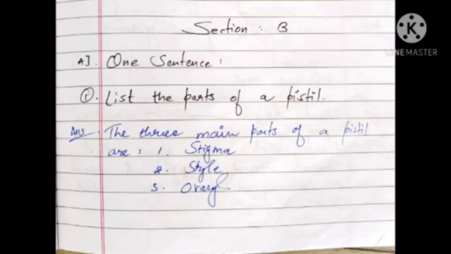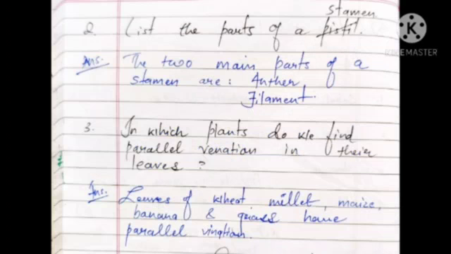Now moving towards chapter number 7, Section B, answer in one sentence, and the first one is, list the parts of a pistil. The answer is, the 3 main parts of a pistil are stigma, style and ovary. Second one is, list the parts of a stamen, and the answer is, the 2 main parts of a stamen are anther and filament. Third one is, in which plants do we find parallel venation in the leaves?